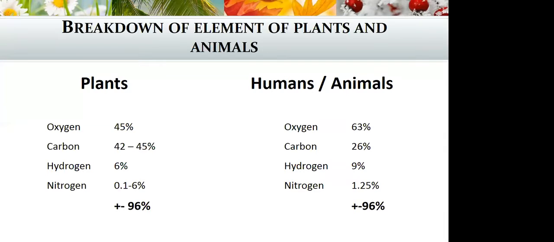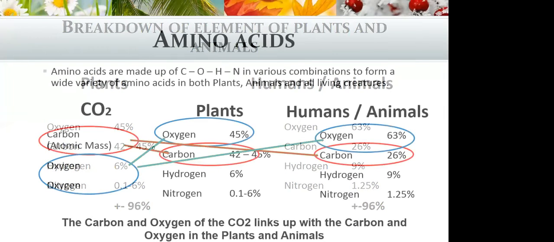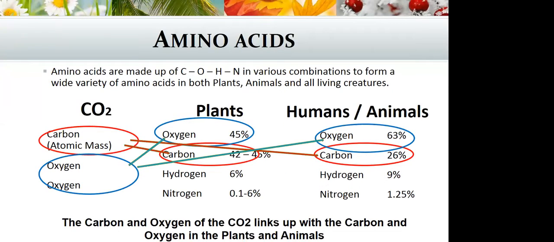So that's all that we are made up of, and they combine to form different amino acids and combinations in your body. So when we have a look at the amino acid structure, we're looking at COHN, which is carbon, oxygen, hydrogen, nitrogen, and these combine to form your various amino acids and proteins in the body of the plants and the animals.